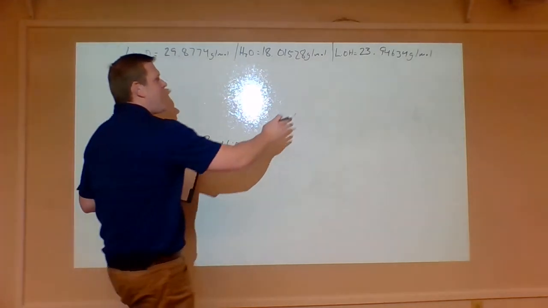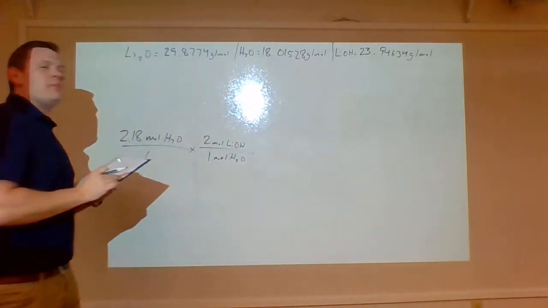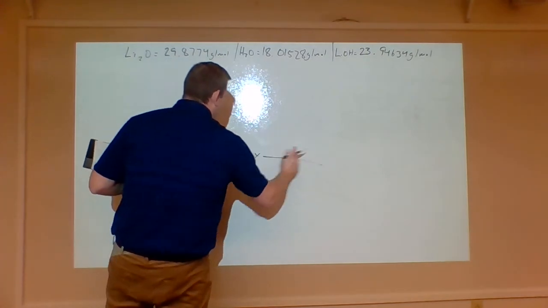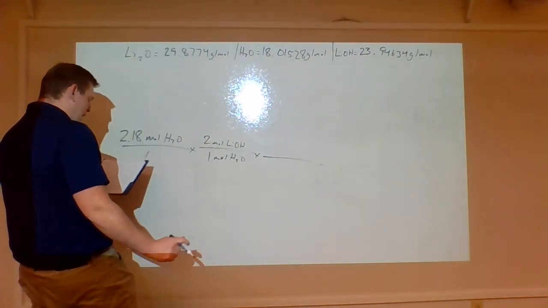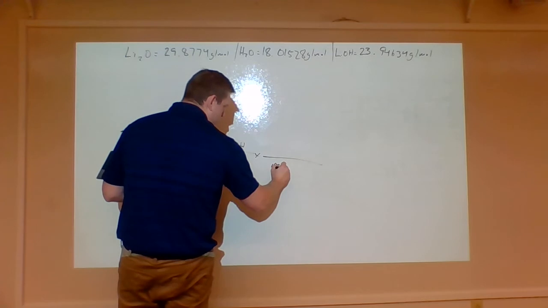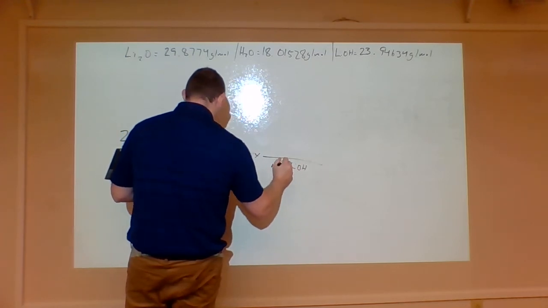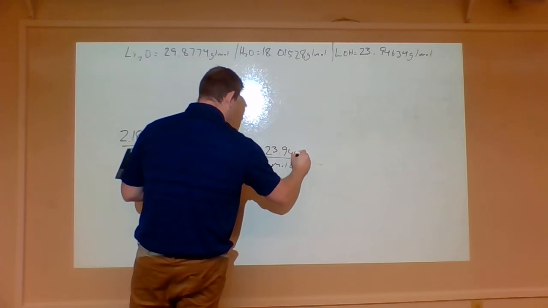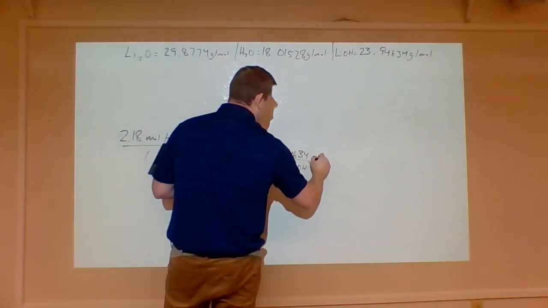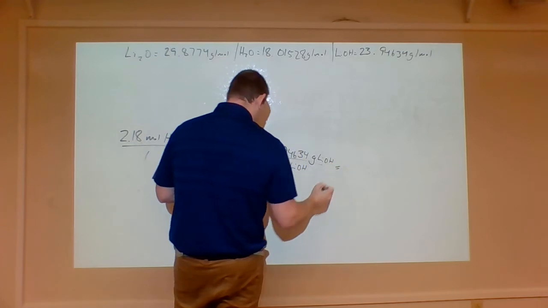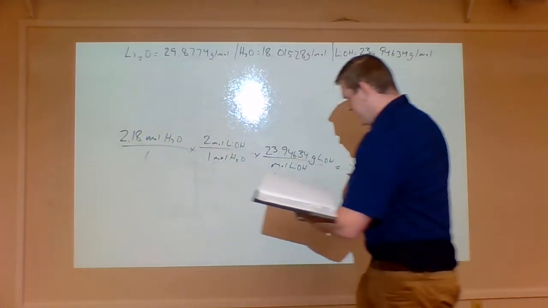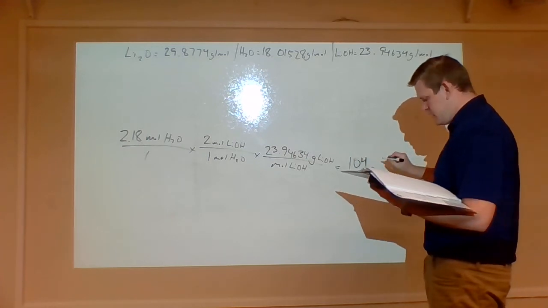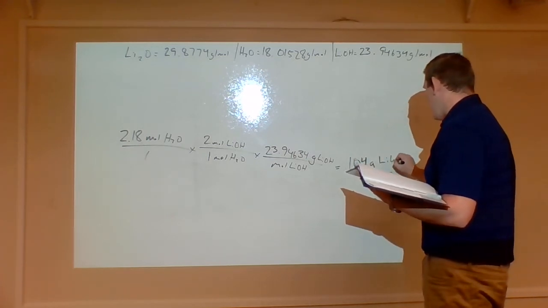We can use our molar mass to convert from moles of lithium hydroxide into grams of lithium hydroxide. We need to put our moles of LiOH on the bottom to cancel out. We can see that we have 23.94634 grams of LiOH, and that gives us a final answer of 104 grams of LiOH.